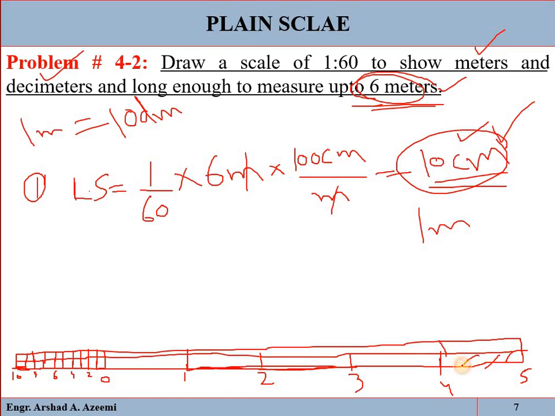So here you can shade this portion alternately up and down. Okay, alternately you can shade it, so it will be more clear. Yeah, the parts will be more clearly distinguishable. So you can shade the alternate parts of the scale.